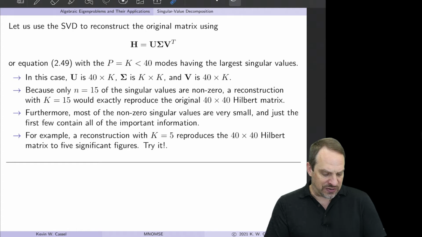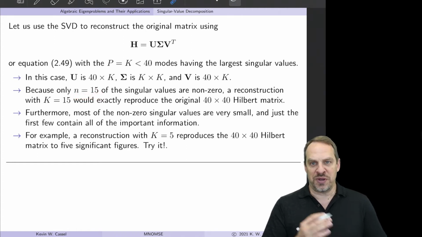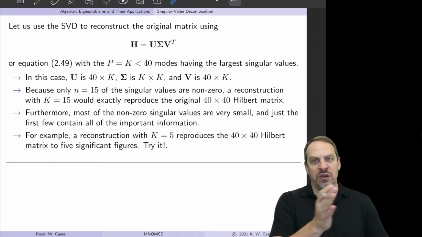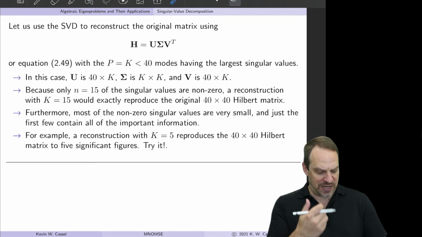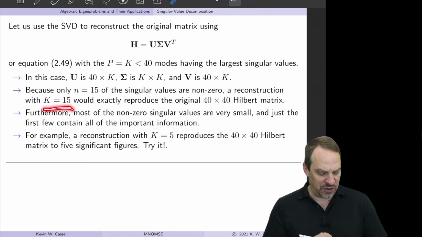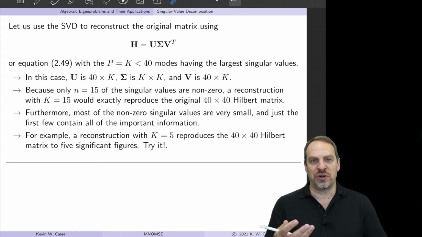So if we only had n equal to 15, remember 16 through 40, the singular values are all 0, so those terms don't provide any additional information. So if capital K was 15, we would get back an exact full representation of the original Hilbert matrix, because no information is lost, even though we have only kept 15 of the modes versus all 40.